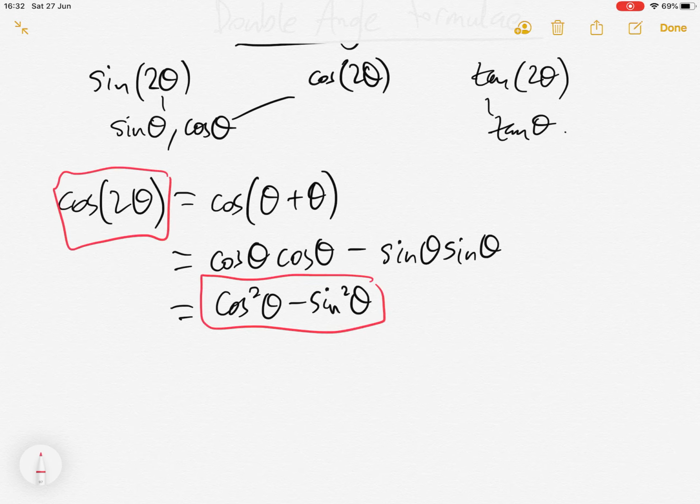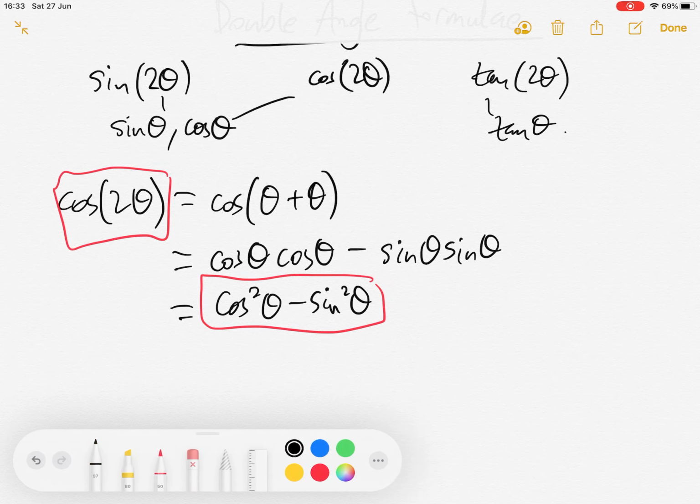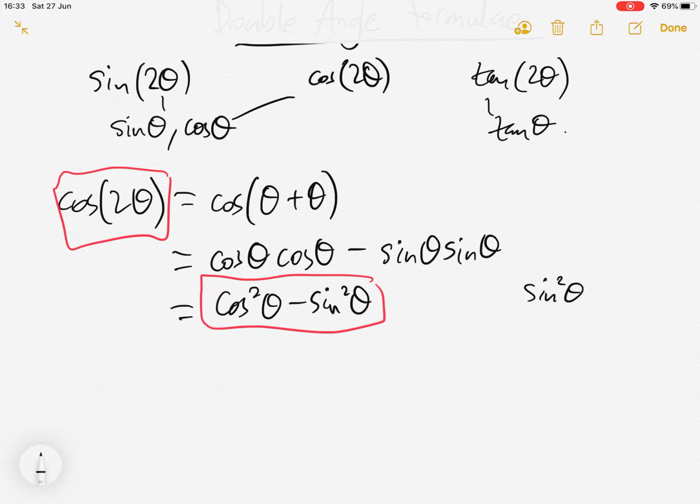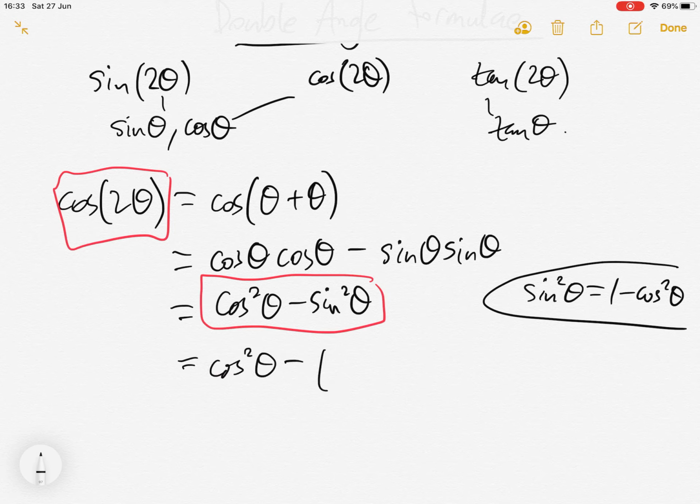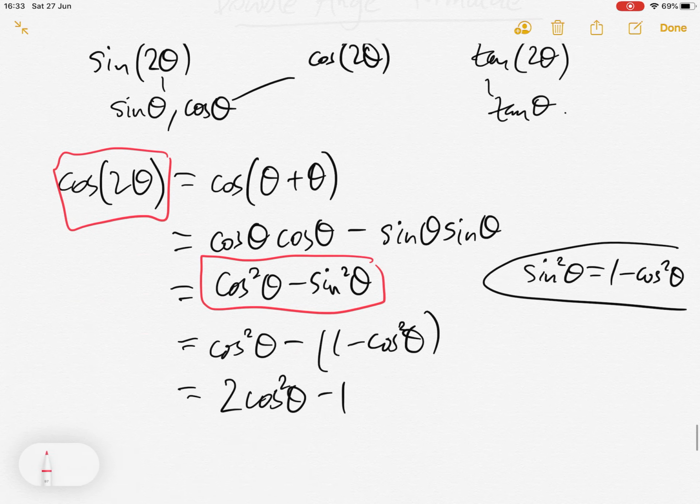But we can also rewrite this, observing that sine squared theta is 1 minus cos squared theta, and that just comes from sine squared plus cos squared equals 1. So this is also the same as cos squared minus 1 minus cos squared, which is 2 cos squared theta minus 1.